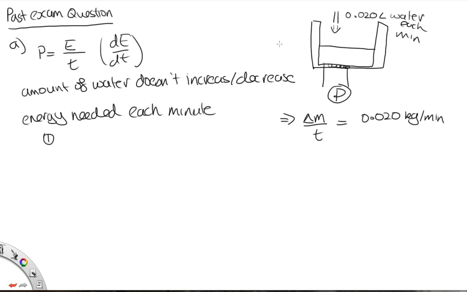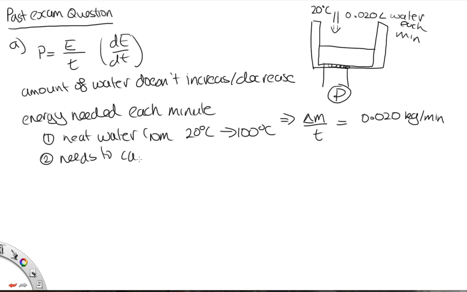One, it needs to heat the water from 20 degrees, which is the temperature when it goes in, to 100 degrees C. It needs to be at 100 degrees C to evaporate. And 2, it needs to cause the water to change state. Okay, so let's calculate the energy needed each minute.